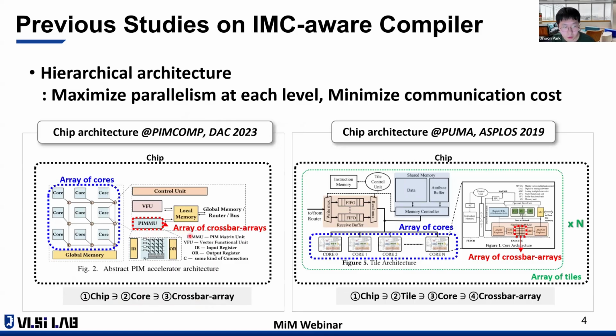So you can see that there is an array of crossbars inside the core, and a lot of cores are put together, forming a bus or a network on chip. Similarly with PUMA, they have another hierarchy called tile, but they all share the same architecture.